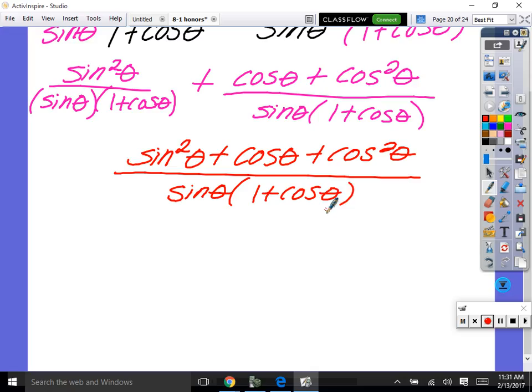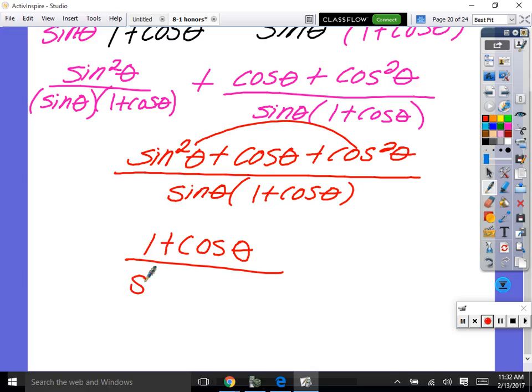Now let's reorder. Addition can be reordered in any order, can't it? Yeah, we can. So let's take those two and write them by each other. So wouldn't those two become a 1, guys? So we have really on top 1 plus cosine of theta over sine, oh, nope. Yep, because those became 1 over sine of theta times 1 plus cosine theta.